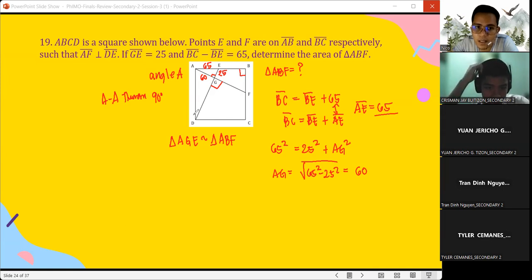Now, because of that, their parts are also in ratio. So meaning, the AE, which is also the BF, right? Tama, is equal to 65. Correct?